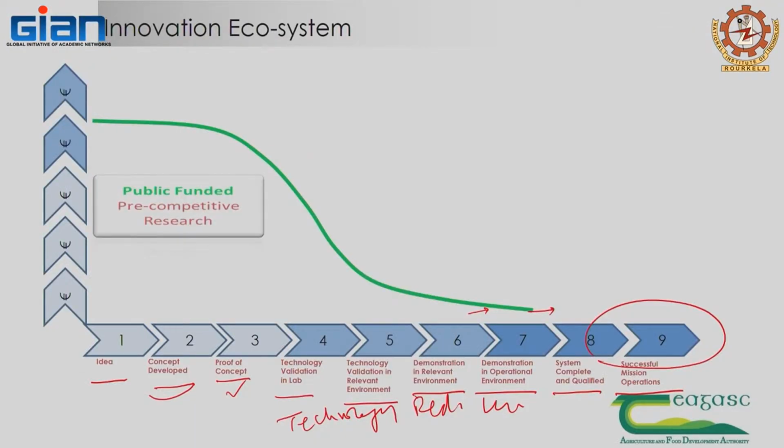Now, this is the story with public funded research. The majority of public funded research, whether it's universities, institutions or research organizations, all those types of research, PhD projects, postdoctoral projects, all those fellowships, these are all pre-competitive research, that is, fundamental research at the maximum at this level.